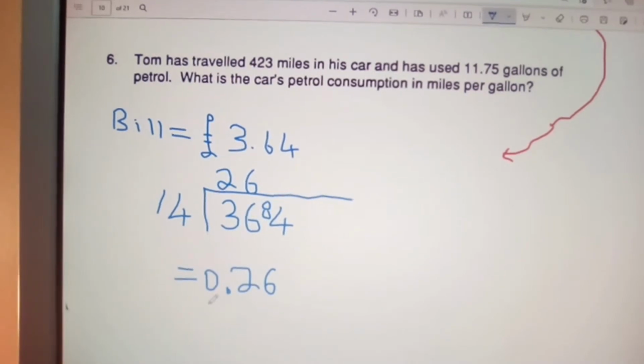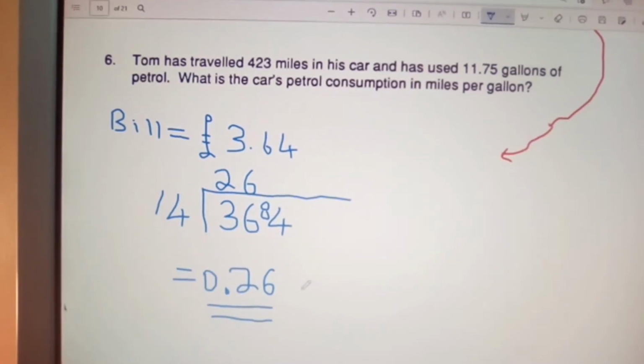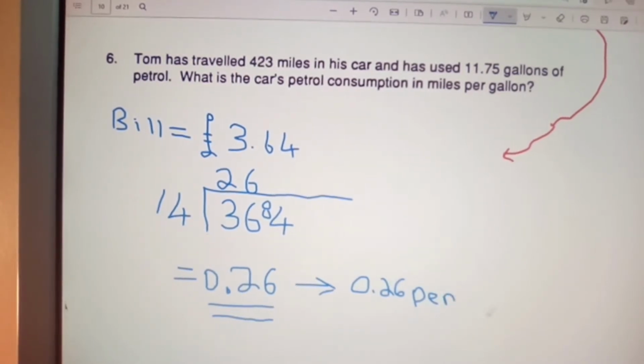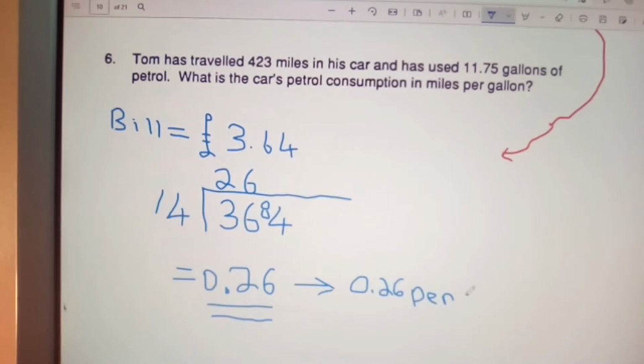So therefore it comes out as 0.26 pence, P-E-N-C-E, and that would be our correct answer.